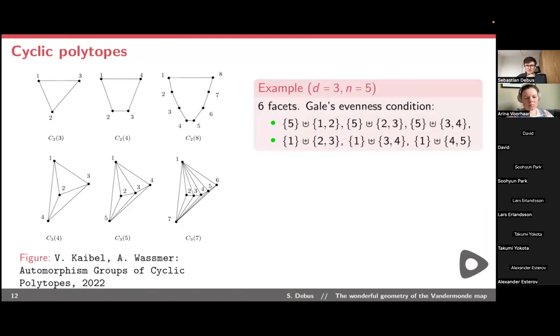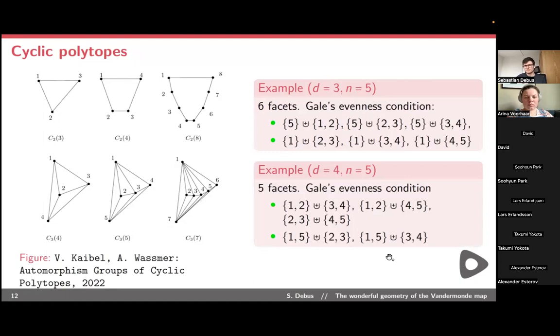So we see here when n is 5, so this is the middle picture, we can count with Gale's evenness condition the facets, there are 6, and either we use the end vertex 1, and then we form a facet here and here, those 3 facets, or we use the end vertex 5, and then we can form those facets here.